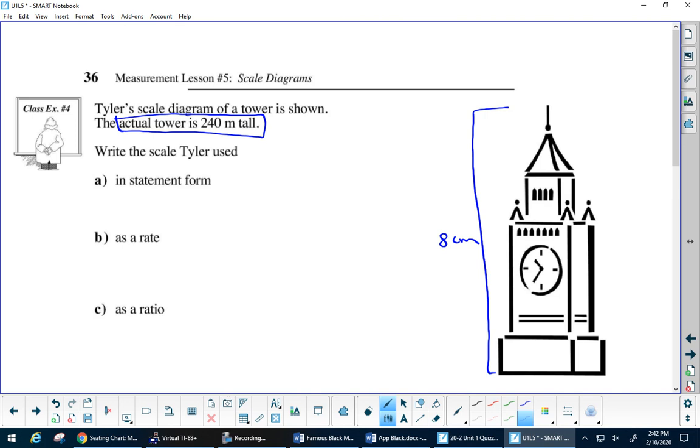It wouldn't be a ratio because they're different units. We have to be specific: 8 centimeters over 240 meters. Now, shouldn't it be 240 over 8? Why not? The actual is always on the bottom.